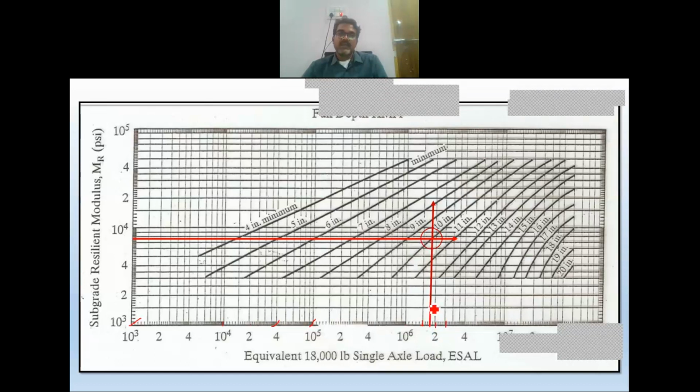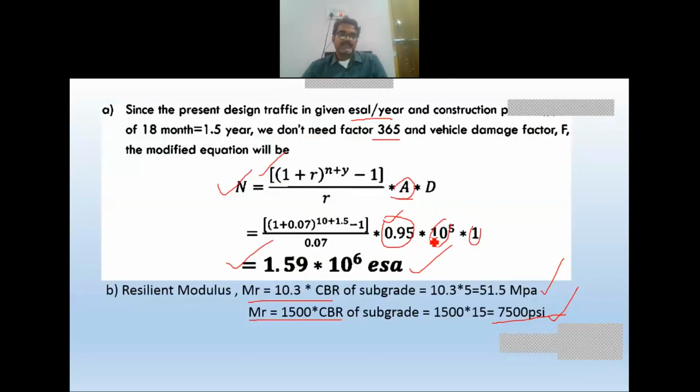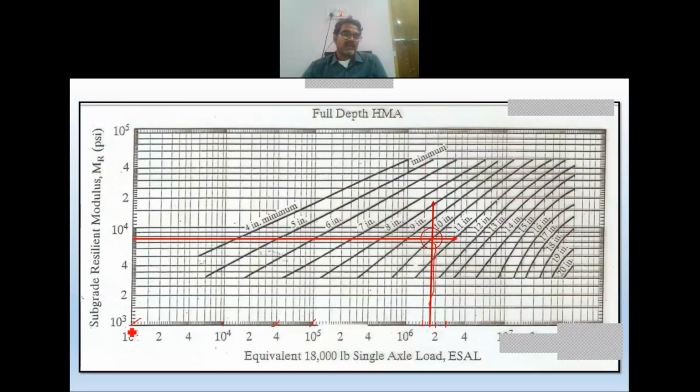You draw a vertical line on 1.6 into 10 power 6. Now it will be like this, and see the MR value 7500 PSI. Here it is 10 cube, 1000, 2000, 4000, 5000, 6000, then 7000, and this could be 7500. Now from this point, draw a horizontal line onto this axis.